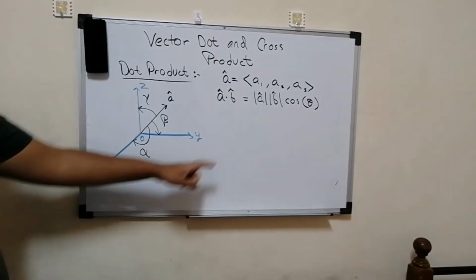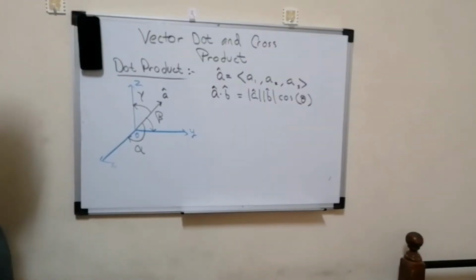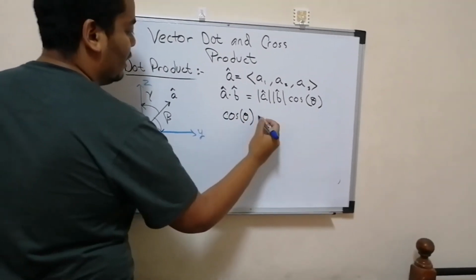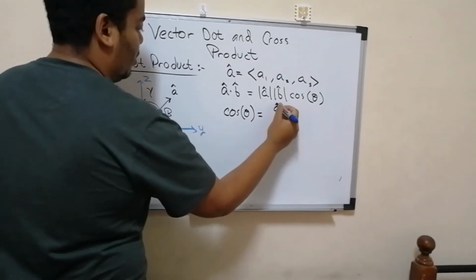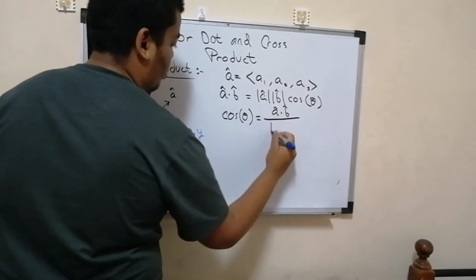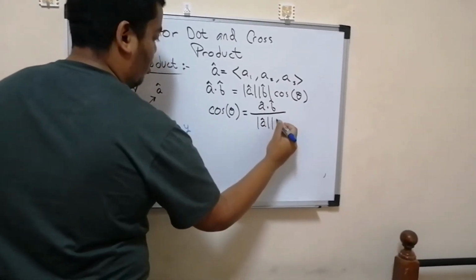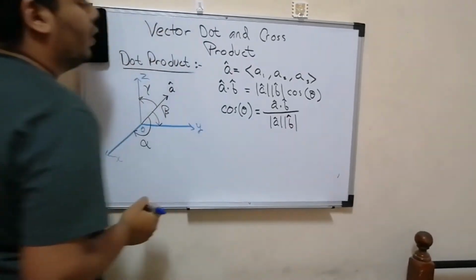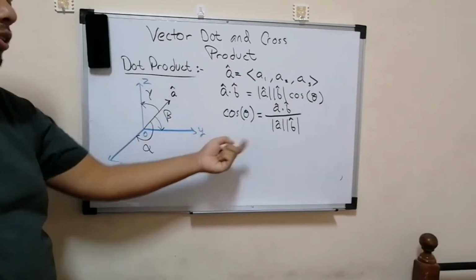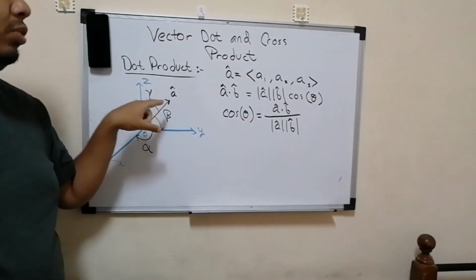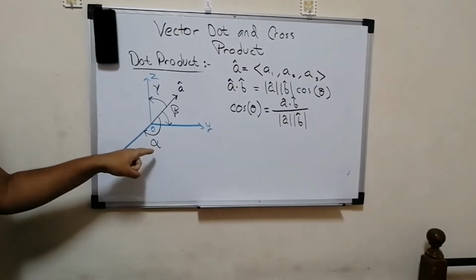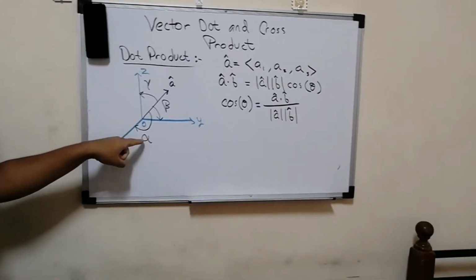Now let's make the cosine of the angle between them the subject of the formula. If you take the magnitude of A on the other side and the magnitude of B on the other side, you will get the cosine of the angle between A and the other vector as the subject of the formula. Okay, now let's take the angle as alpha.